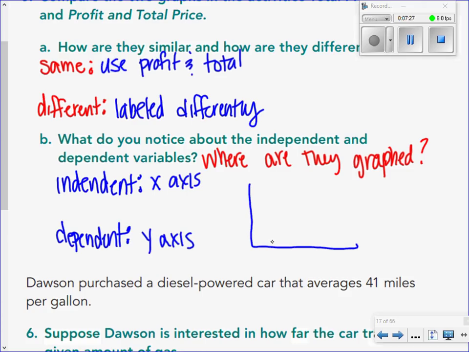X comes before Y, so it's going to be X-axis, Y-axis. So we plot X first. That's independent. Whatever X is, changes Y. Y depends on what we choose for X, okay?